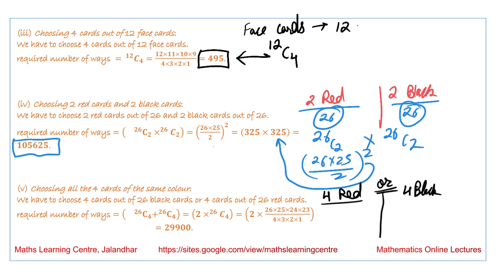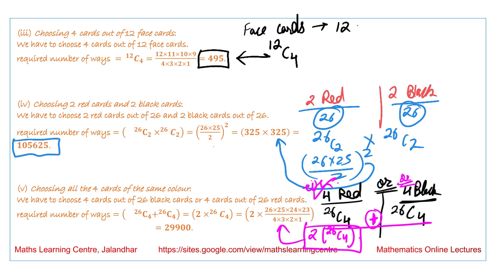When 4 are red, we have to choose 26C4, and likewise for black. By the fundamental theorem of addition, either this case can happen or that case can happen, so the answer is 2 times 26C4, and if you solve this value, the answer you obtain is 29,900. So these are the number of ways of choosing 4 cards of the same color.